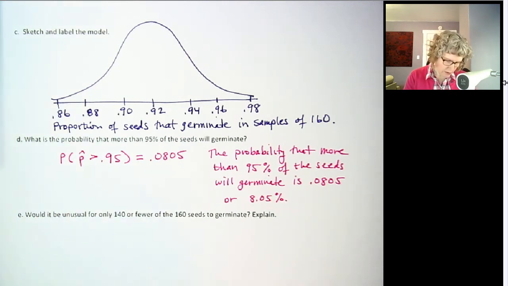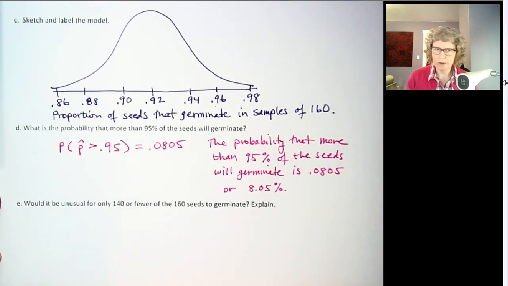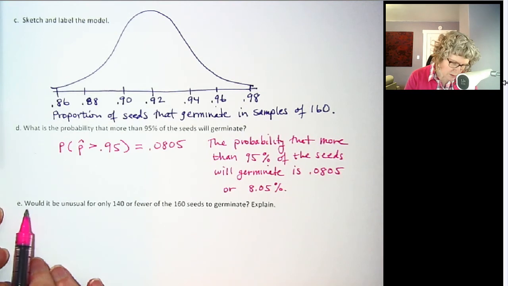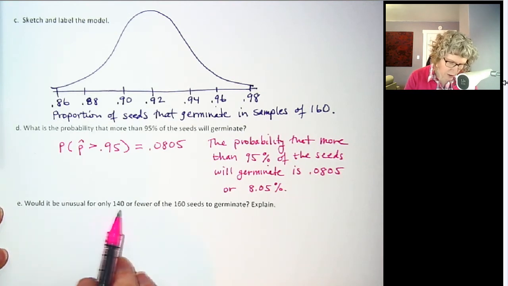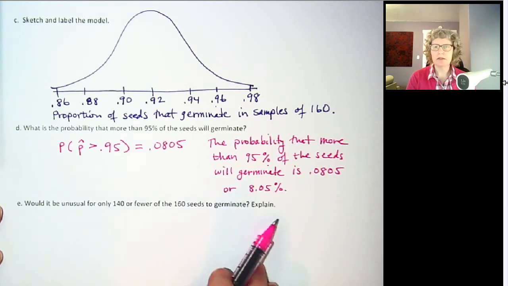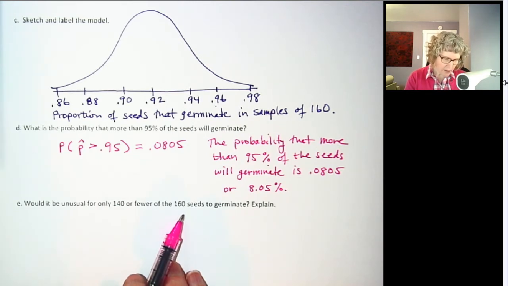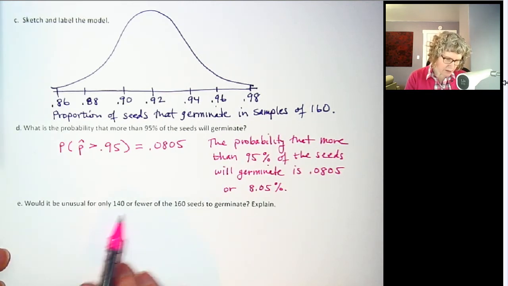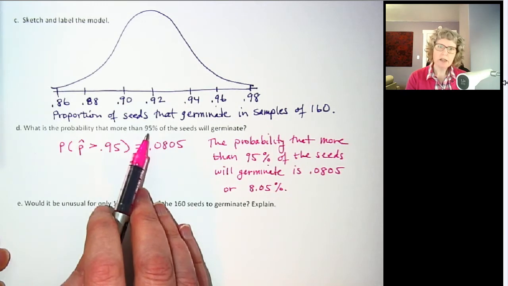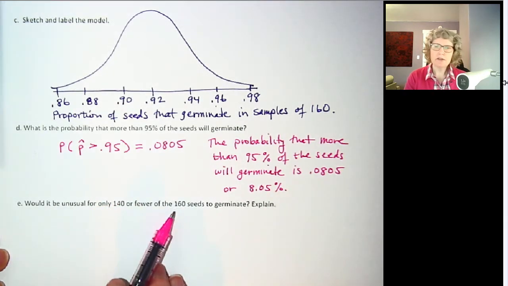So here's another question, which kind of gets to what we're going to be looking at in the future. Would it be unusual for only 140 or fewer of the 160 seeds to germinate? Explain. Okay, let's think about this. So 140 out of 160. Sometimes instead of giving you a percentage, like right here, they give us a numerator and a denominator.